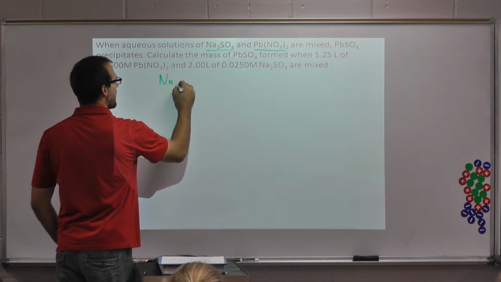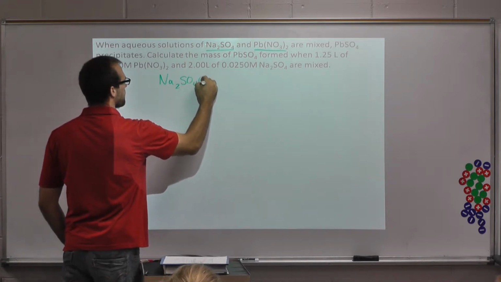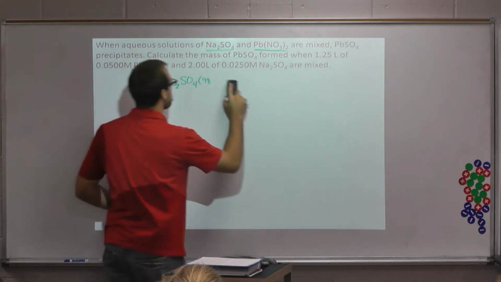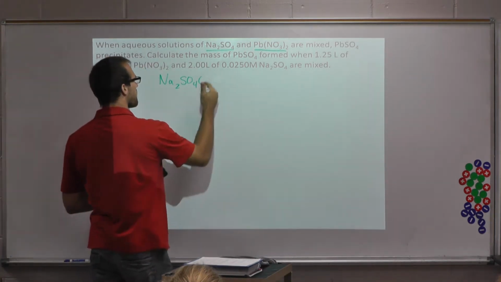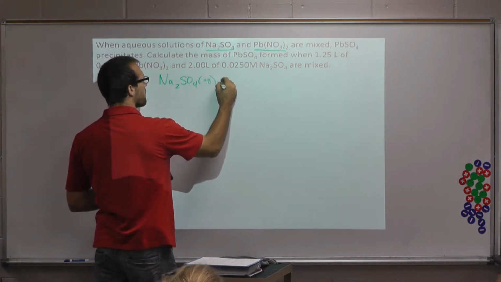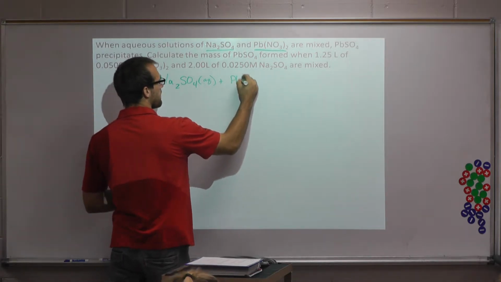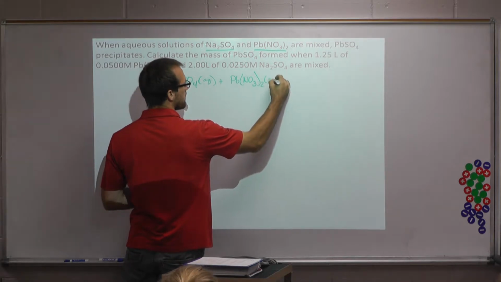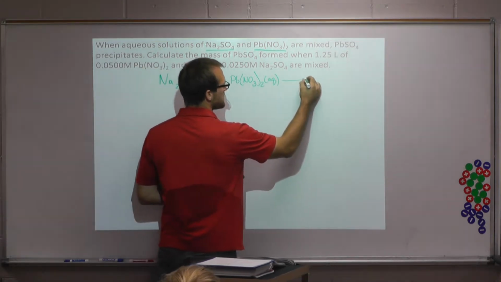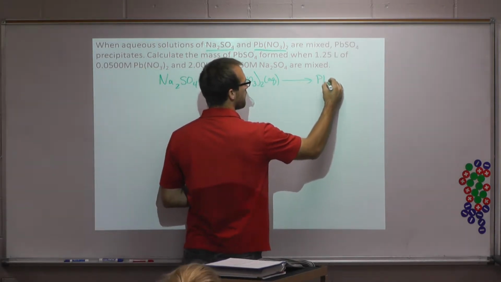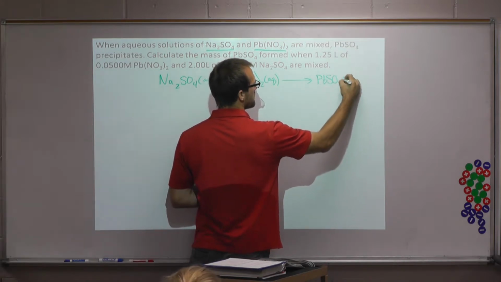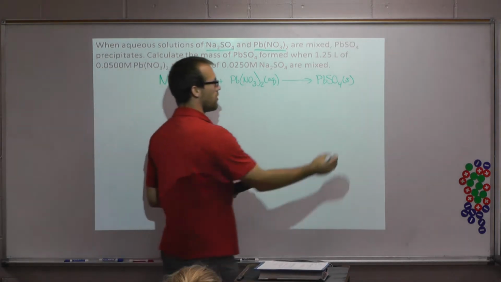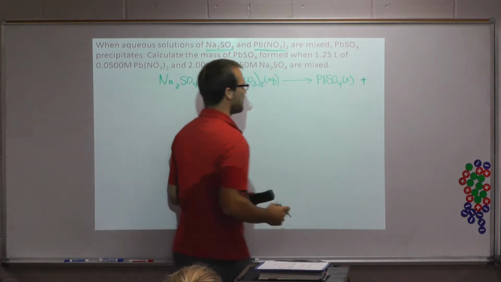So we know that we have this and this added together. We know that a precipitate will form. There's your solid, right? And now the other would be what?